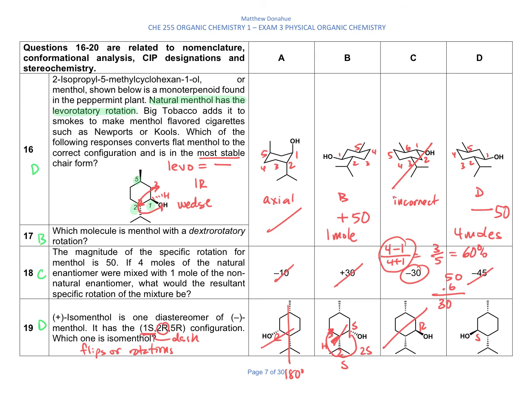But if we go back and verify that D is the correct response, we can do the same thing. This is towards you. So 1, 2, 3. This is going counterclockwise. It's toward you. So instead of S, that's going to be R. So 1S, 2R. And then you do the same thing over here. H is towards you.